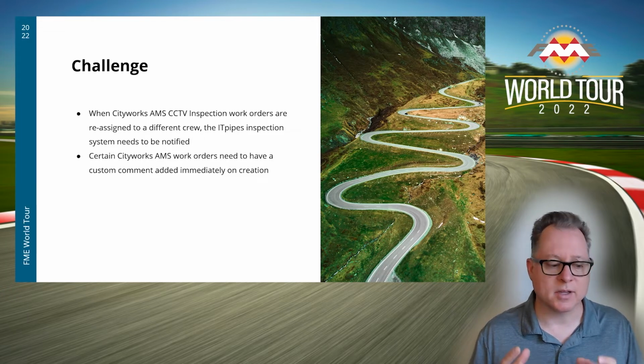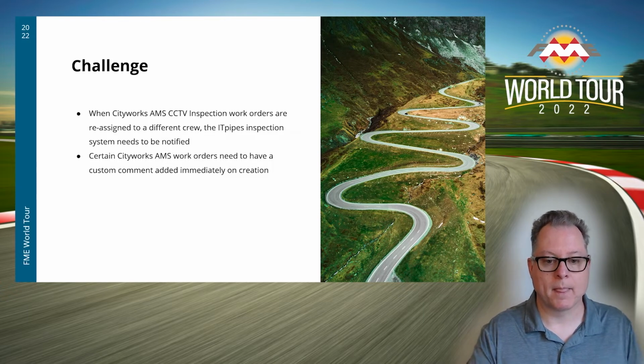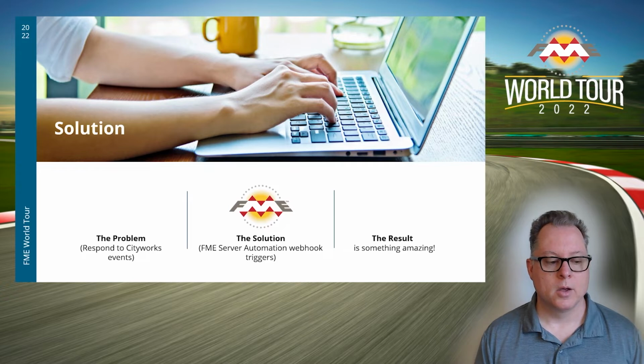Now, this is not something that Cityworks can do out of the box without custom programming. So our solution to both of those problems was to use FME Server Automation, and specifically webhook triggers that would respond to Cityworks events.